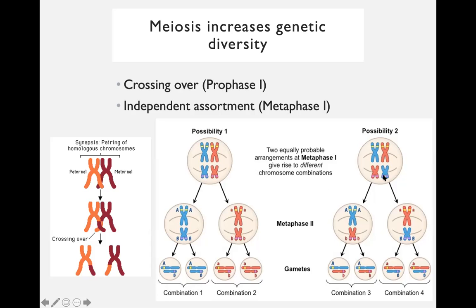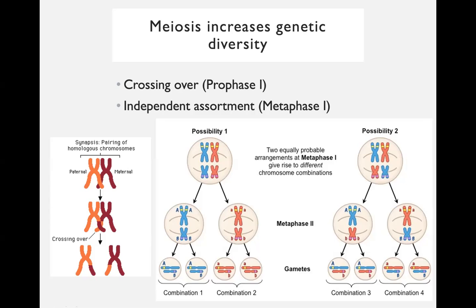So it just switches the position, which, as you can imagine, when that cell splits in two, two of the chromosomes are going to one cell, two are going to the other cell, and they're splitting down the middle, right? So in the end, you'll have different combinations of chromosomes when we get to metaphase 2, and then eventually to the gametes, based on the fact that these originally lined up differently from each other. In possibility 1, you have blue and green all in one cell.